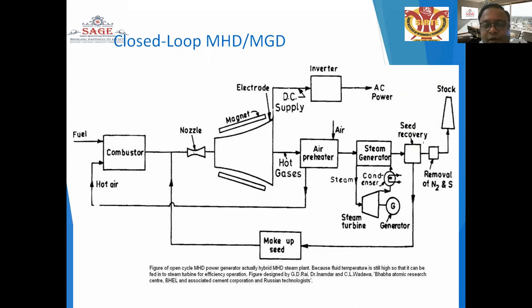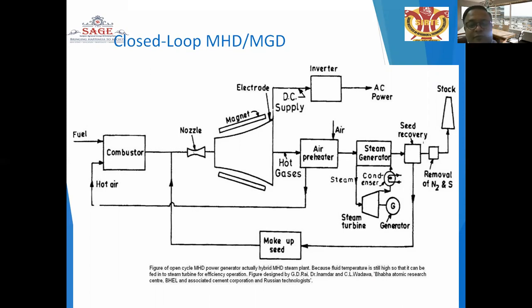So the steam which is generated, or the fuel, will be used by the magnetic turbine, and after that the hot gases coming from the MHD generator go into the air preheater, and the air is supplied from this side to the steam generator. It will be run by this air preheater side, and the steam extracted from the steam generator runs the generator through the steam turbine.